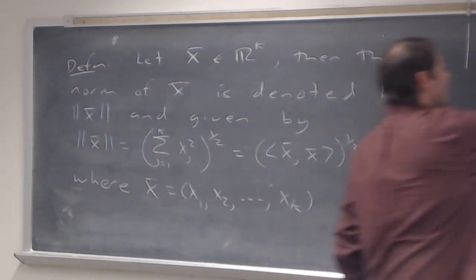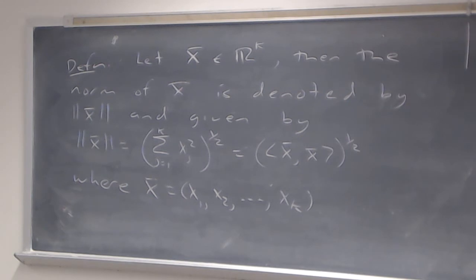We give a fancy name for R^k with this inner product and this norm, and I'm going to write that up next.